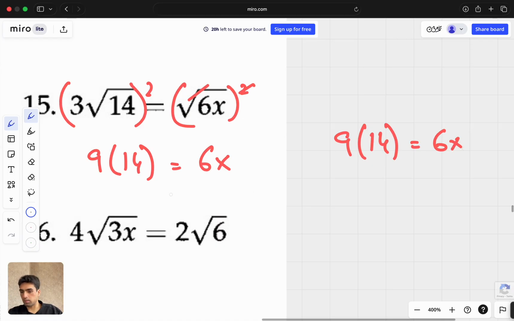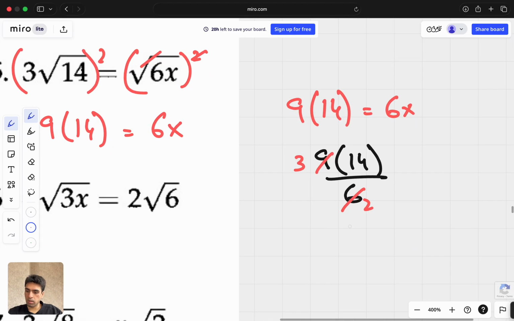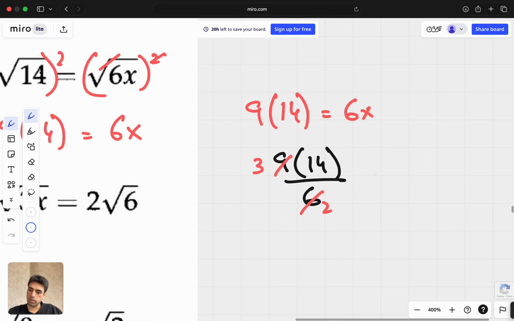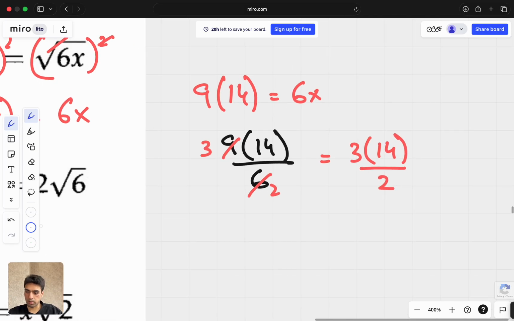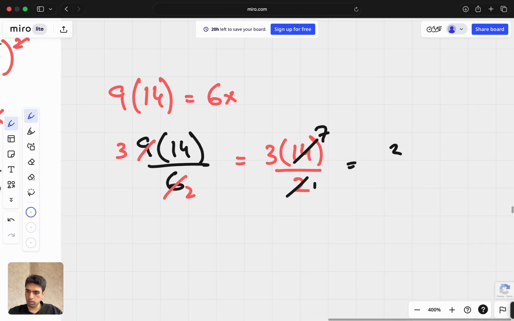You can write it as 9 times 14 divided by 6. Simplify this. 3 times 2 is 6, 3 times 3 is 9, and then you get 3, 14, and 2. Simplify again. 2 times 1 is 2, 2 times 7 is 14. So you're left with 3 times 7, which is 21. That'll be x.